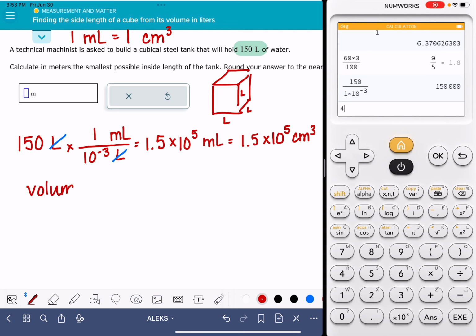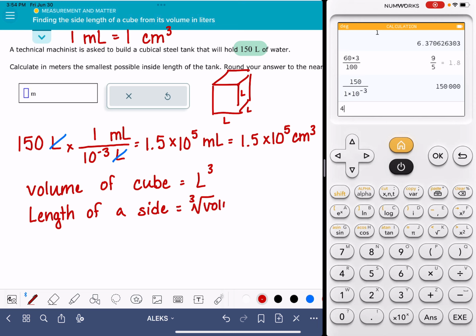The volume of the cube is the side length of the cube cubed, L cubed. That means that the length of a side, L, we would get by taking the cube root of the volume.